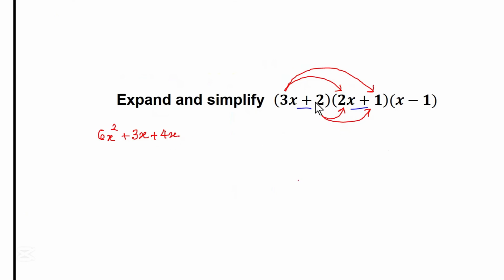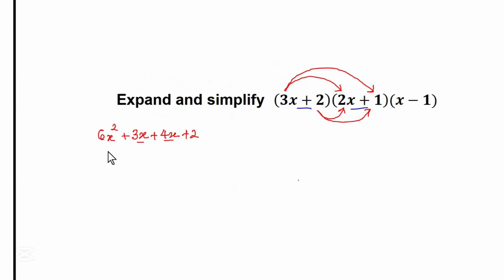And then plus 2 times plus 1 will give us plus 2. Now, we have to simplify this first by adding the like terms.